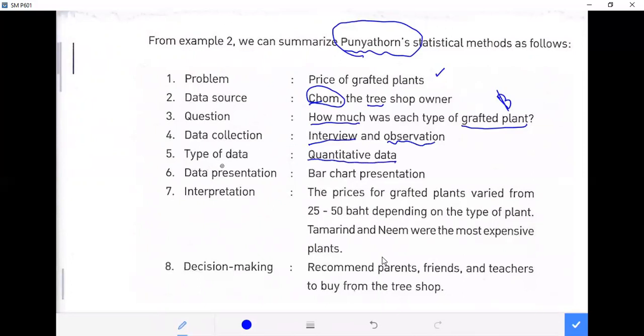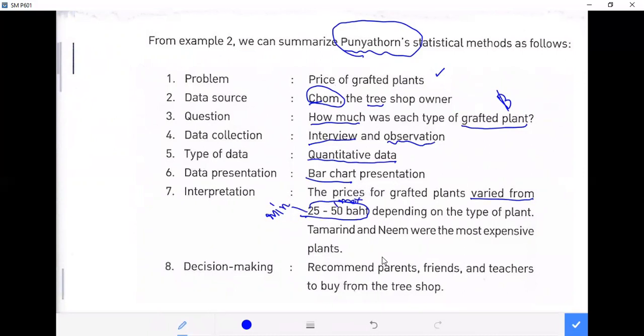Data presentation: present with a bar chart. It goes up and down and looks like bars. Then the interpretation from the bar chart is changed into something understandable: the prices vary from 25 to 50 baht. 25 is the minimum, 50 is the maximum.